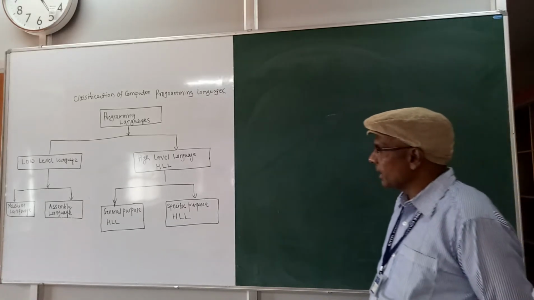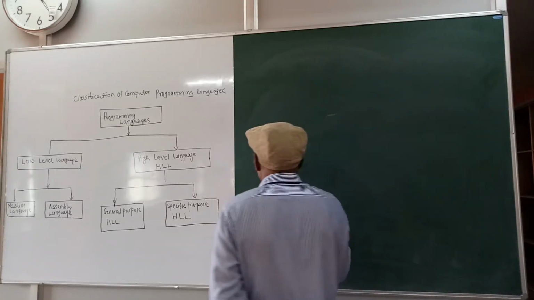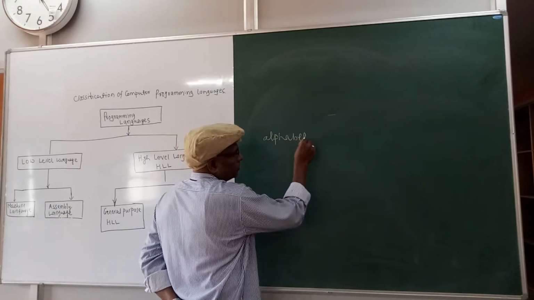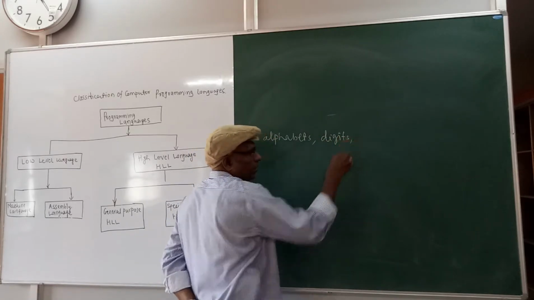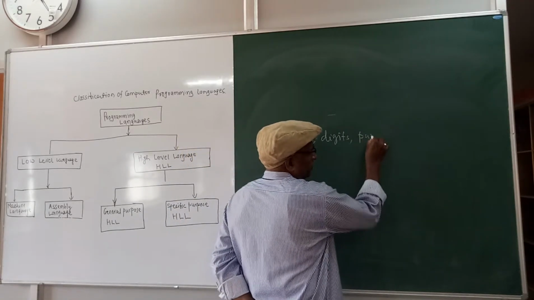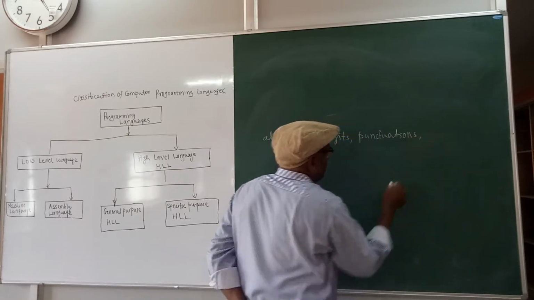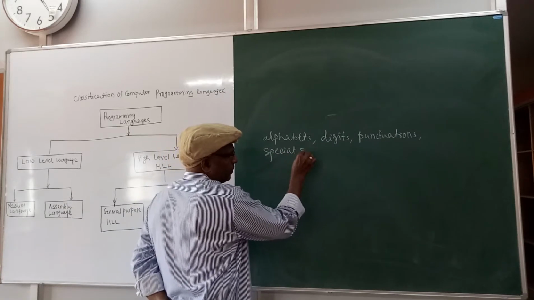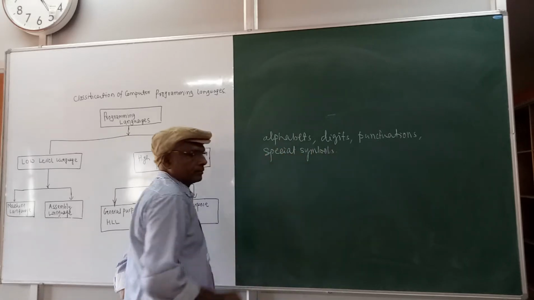Elements of high level language are alphabets, digits, punctuation, special symbols, and so on.